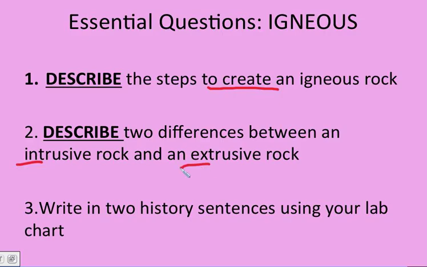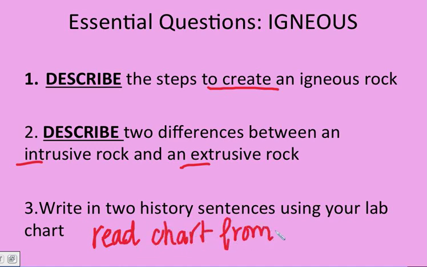And then finally, write in 2 history sentences using your lab chart. Okay, so pick 2 rocks to explain, and you're just going to read your chart from left to right. Okay, so you're going to say this rock was from lava or magma. It then intruded or extruded by cooling and crystallizing beneath the Earth's surface or on the surface, and it formed granite.